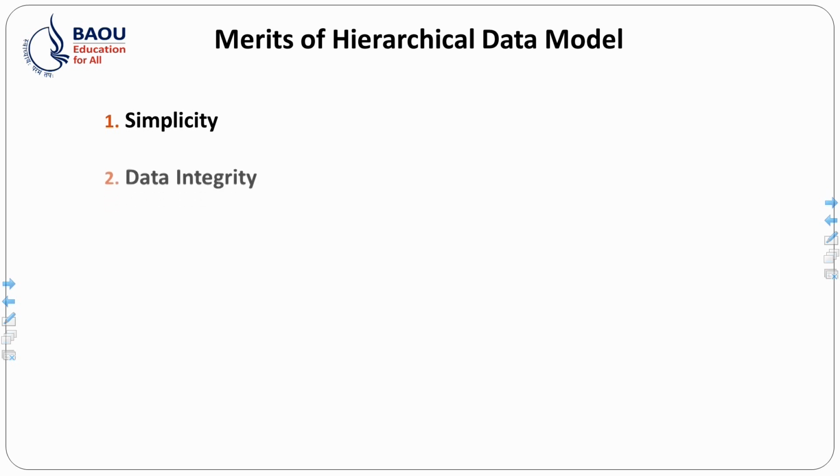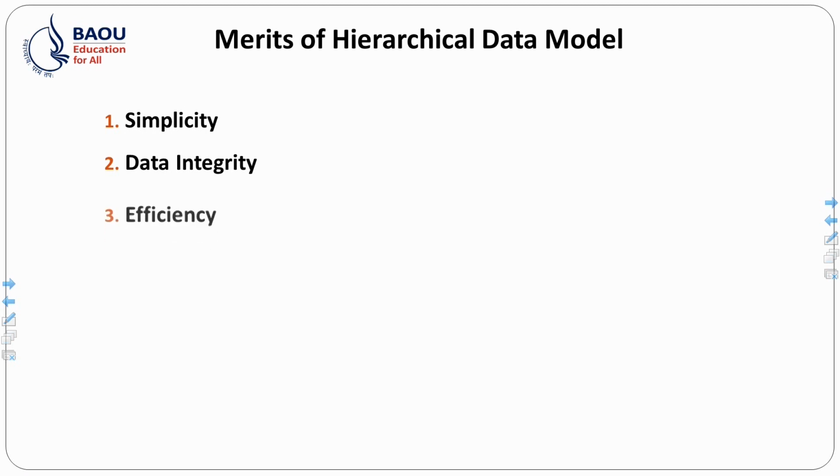Now the second is data integrity. The model promotes data integrity as the child segments are automatically referenced to their parent segment. In this model, the parent and child relationship is always there between the layers.